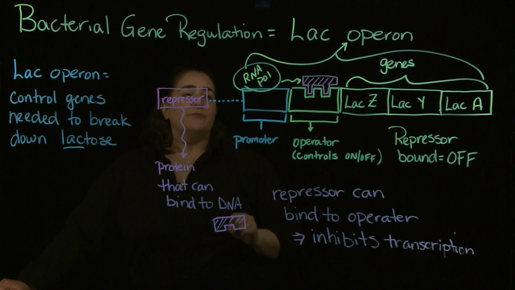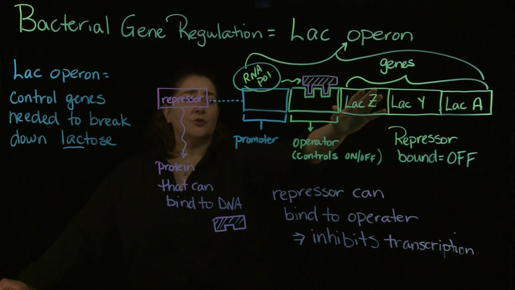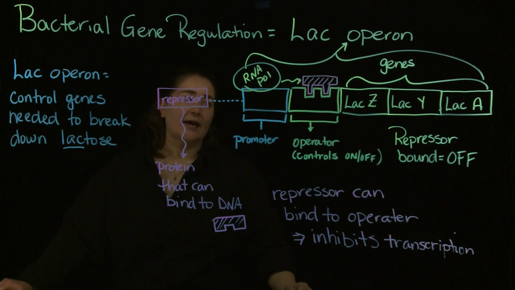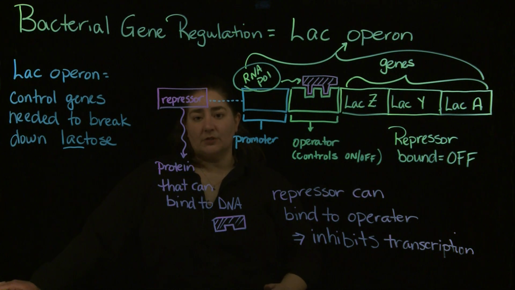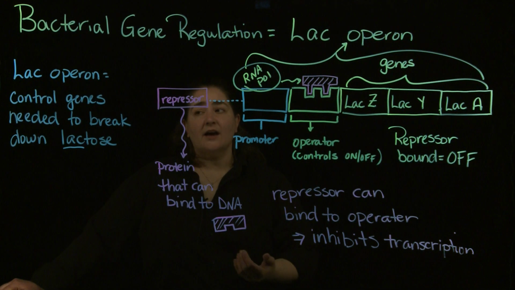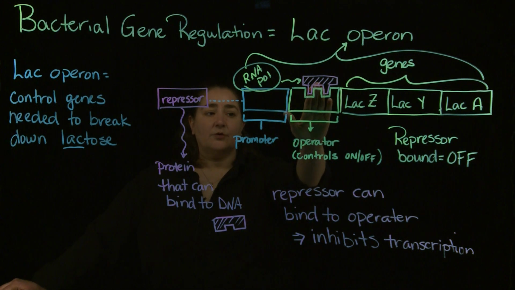That repressor physically interferes with RNA polymerase being able to transcribe the genes. If you don't get a transcript of the genes made, you aren't going to get translation to happen. You aren't going to get the 3 proteins made. All right? So the Lac Operon in the off position has the repressor sitting on the operator.